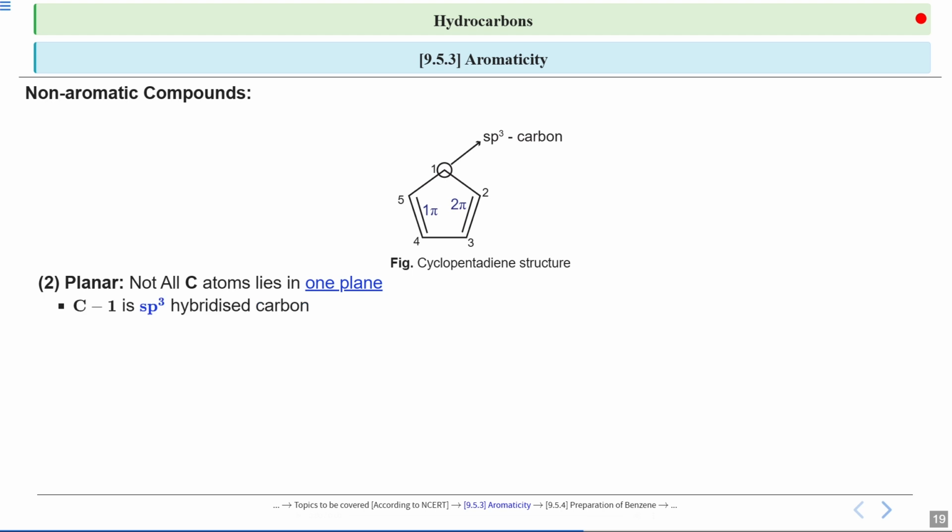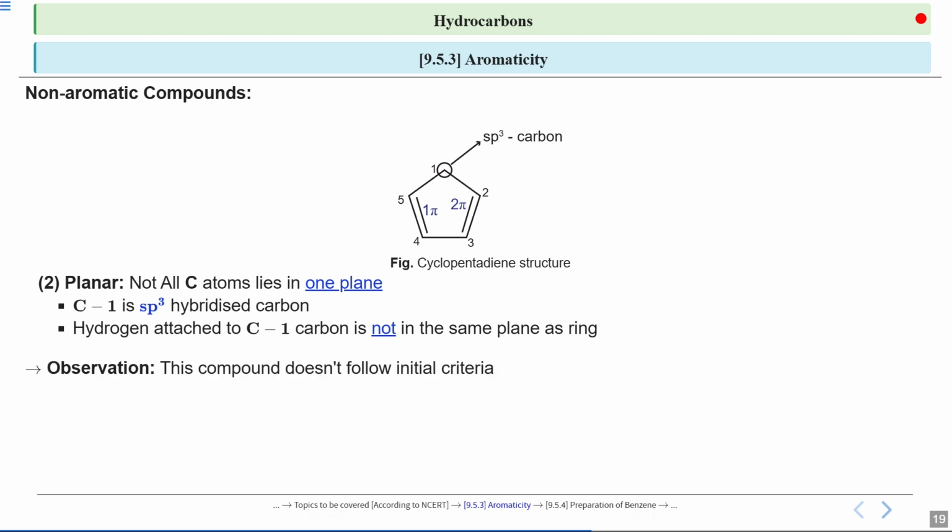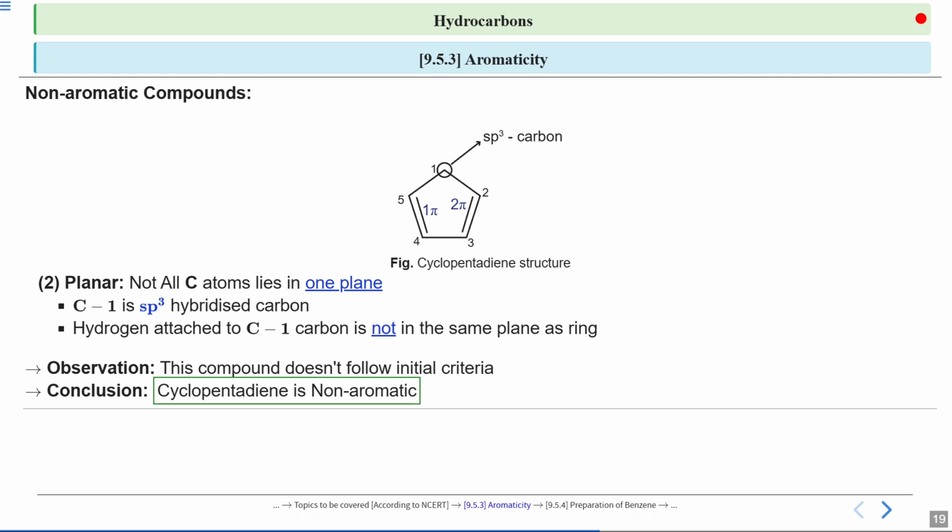Therefore, we can conclude that C1 is sp3 hybridized, making it out of the plane in the ring. And this is the most important criterion for the delocalization of electrons. Therefore, finally, the compound is not following the second criterion itself, and hence it is non-aromatic.